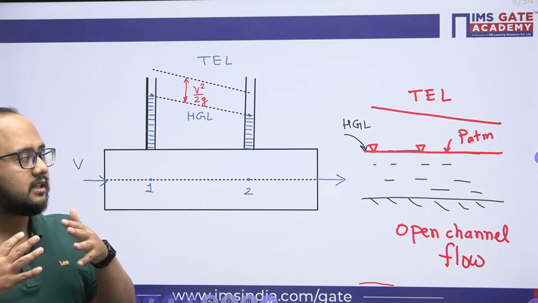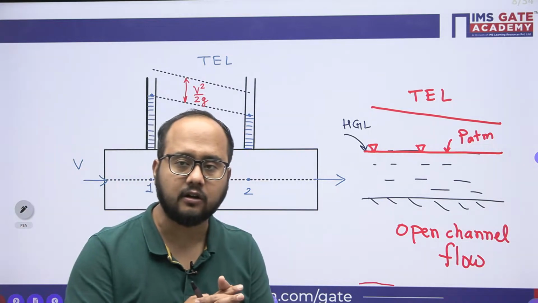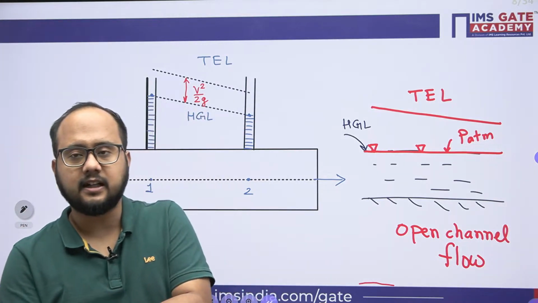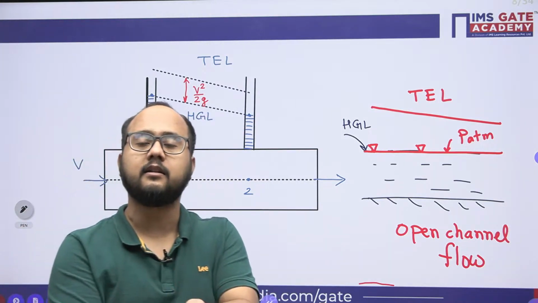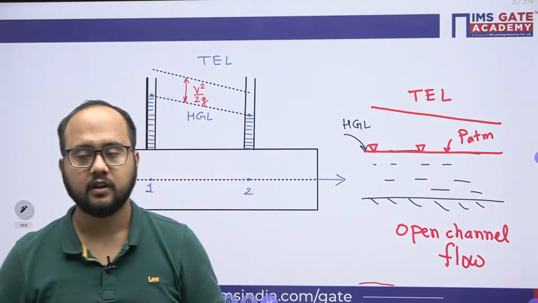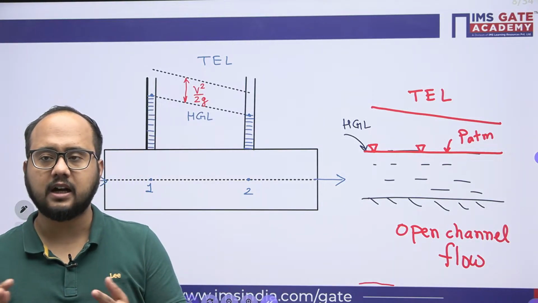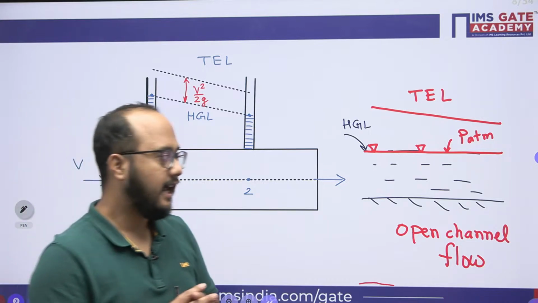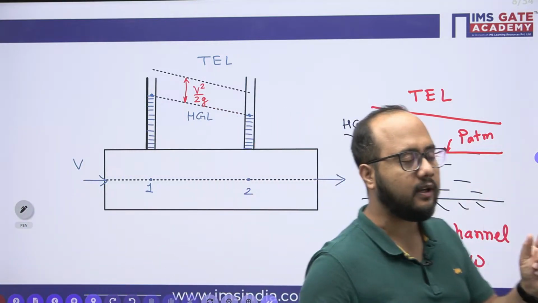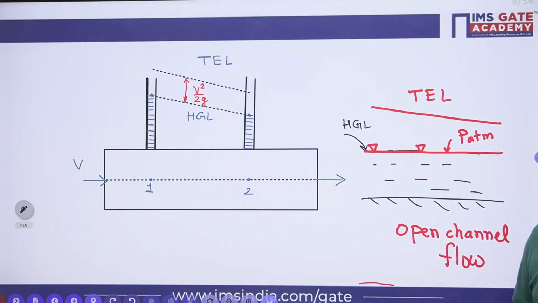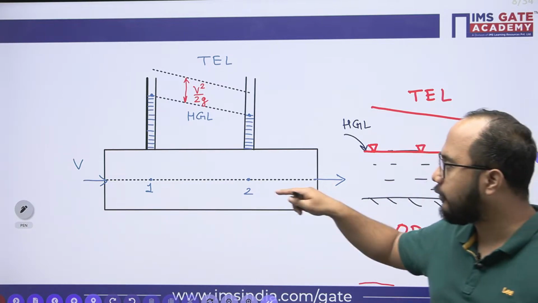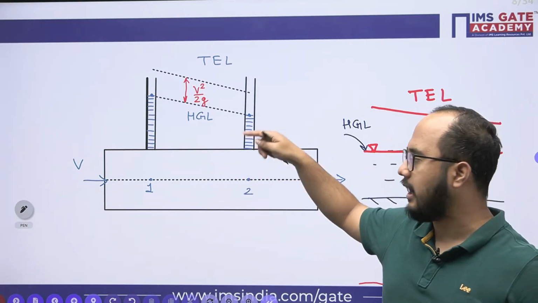And secondly, whether the two lines intersect or not, they will not intersect. If they intersect, the flow will stop because the kinetic head becomes 0. That means velocity is 0. So I hope all the doubts are clear for everyone. And remember, HGL will be on the surface if it is open channel flow, but for pipe flow, it will not be at the surface or at the pipe wall.